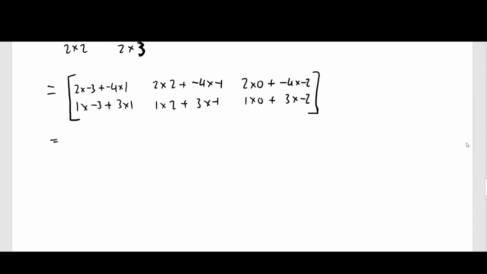Okay. And simplifying, that's -6 plus -4, which is going to be -10. We're going to have negative times negative is positive, so that's 4 plus 4, which is 8.